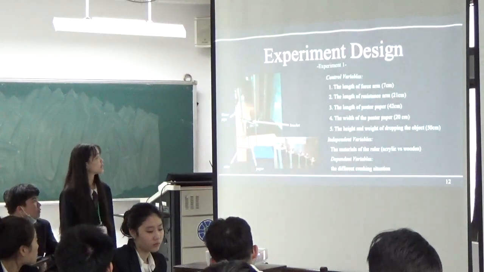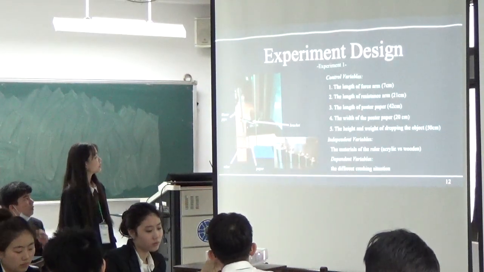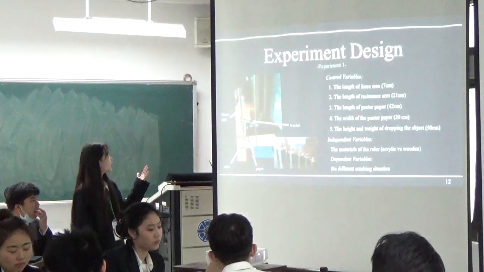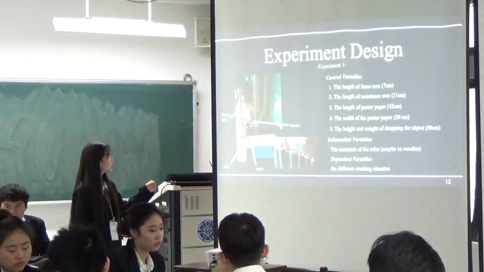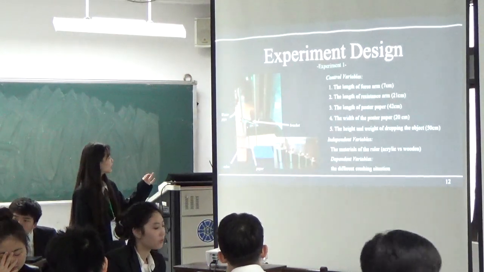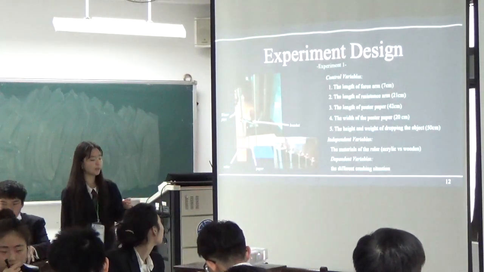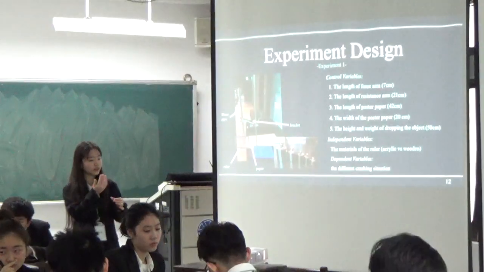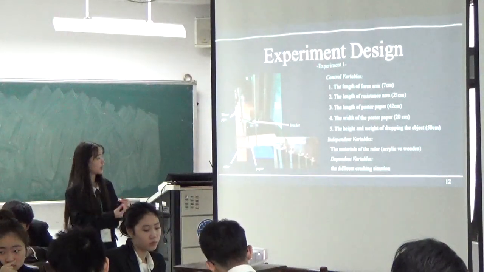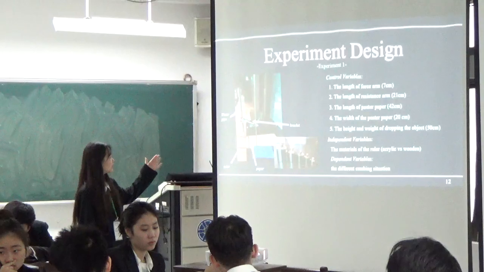So here's our experimental design. We use the bracket in the water pipe. We use a water pipe because we can make sure that the trajectory of the ball will remain straight, and the ruler and the paper.